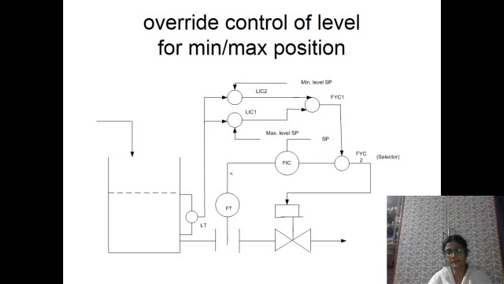See, this was our initial feedback arrangement with the flow controller system. There is a selector, and normally it runs with this flow controller path, but if the level changes suddenly, then the selector will transfer the level controller output to the control valve.